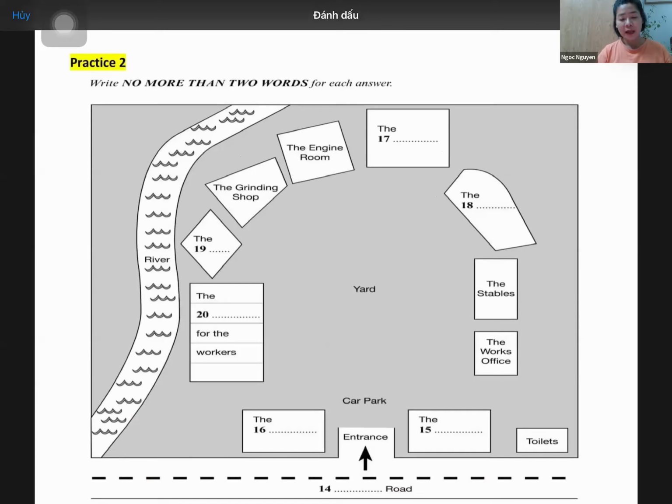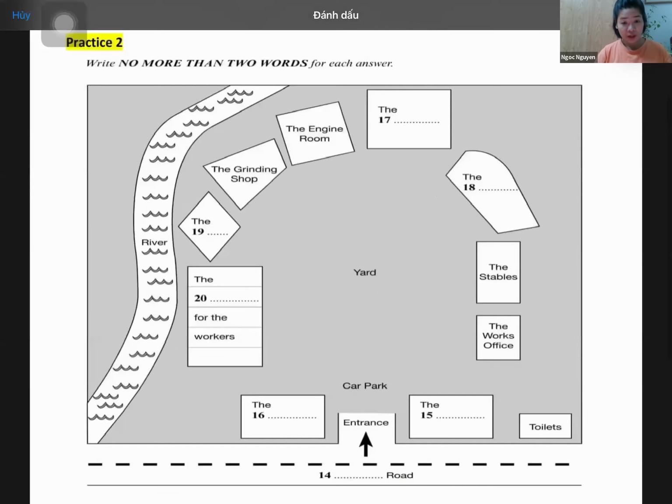It means that IELTS will use the language left or right. Now you will need to imagine this is number 14, the first number, and the starting point is not marked here on the map. That is something bad, because usually IELTS will mark the starting point on the map.